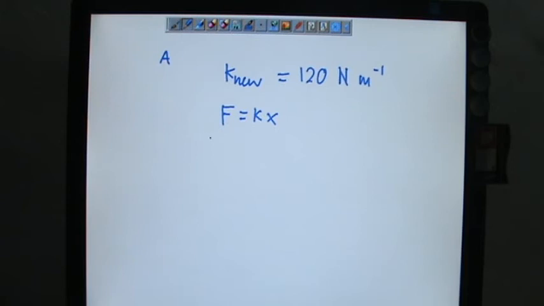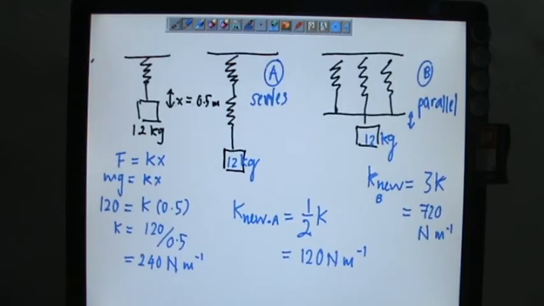With the same mass, 12 kg, so 120 Newton, and this new K is 120, the new extension is actually 1 meter. Then 1 meter compared to originally 0.5 meter. It has increased.